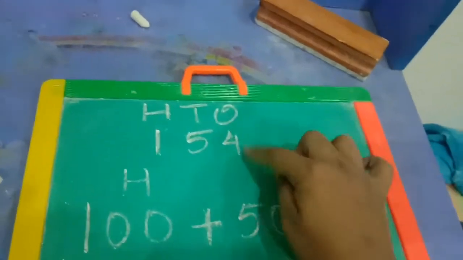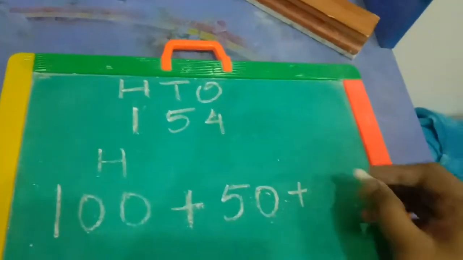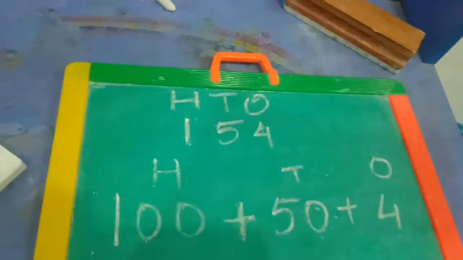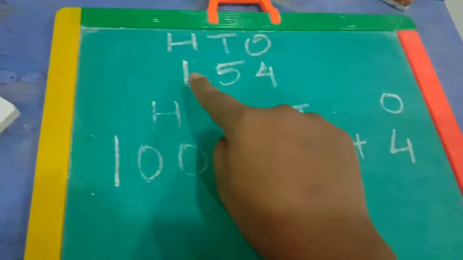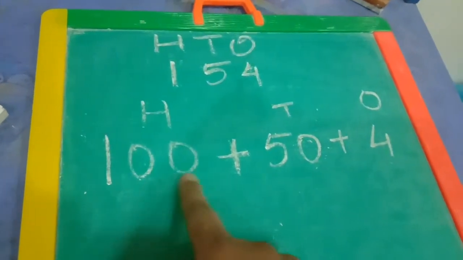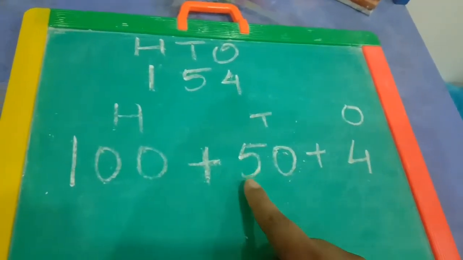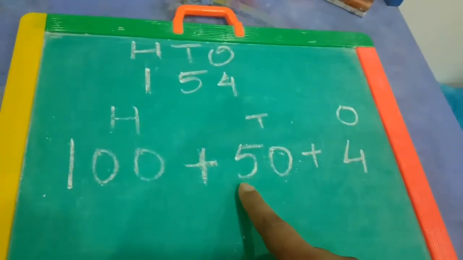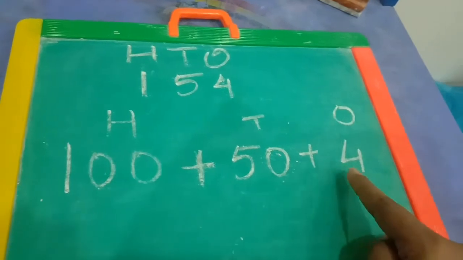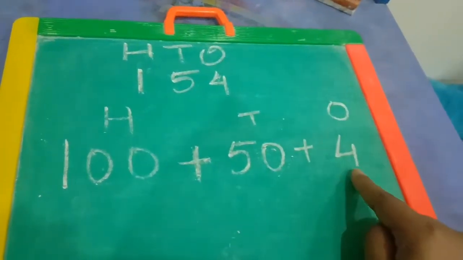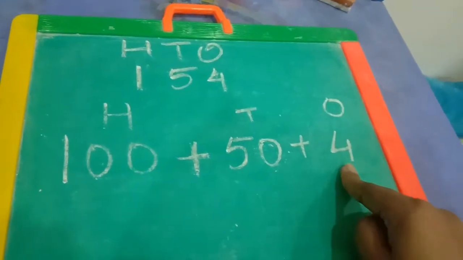And since 4 is ones, means one single number, got it? So 1 was in hundreds place, so in the expanded form 100. Now 5 was in tens place, so in the number form 50. Now 4 was in ones place, single number, because it's ones, so 4.